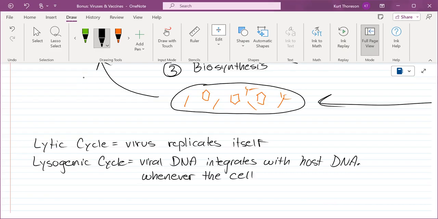Whenever the cell replicates, the virus DNA replicates with it.